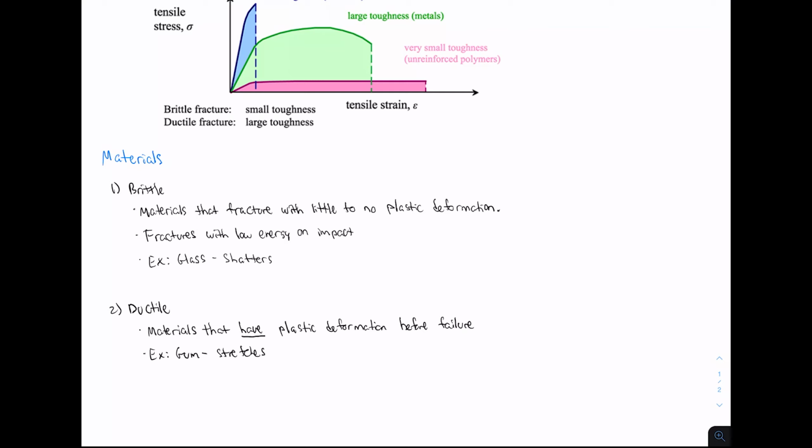We have brittle material, and we have a ductile material. Brittle materials are going to fracture with little to no plastic deformation, and they're going to have low energy on impact. We know this from our day-to-day experience.